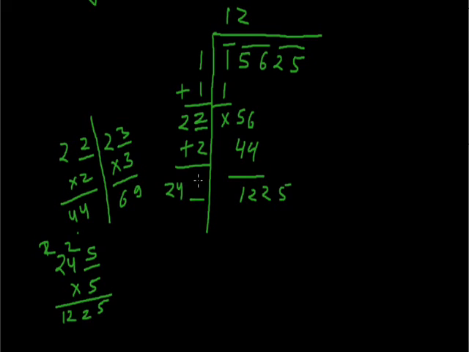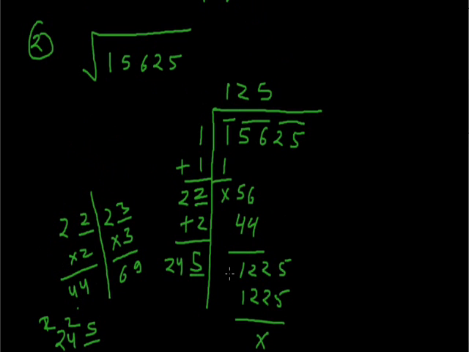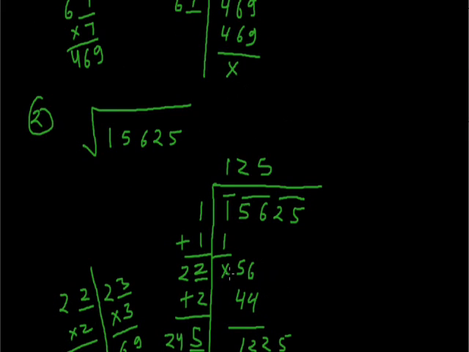So I have to put 5 here and here also 5, so I get 1225. There is no remainder. So the square root of 15,625 is 125.